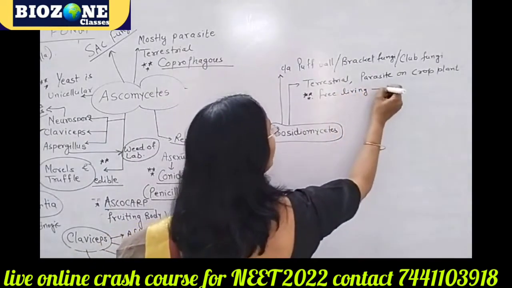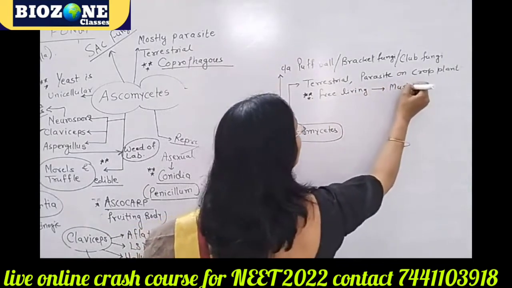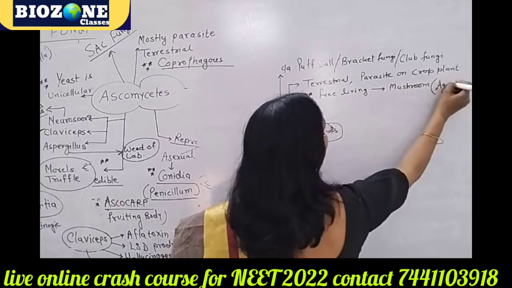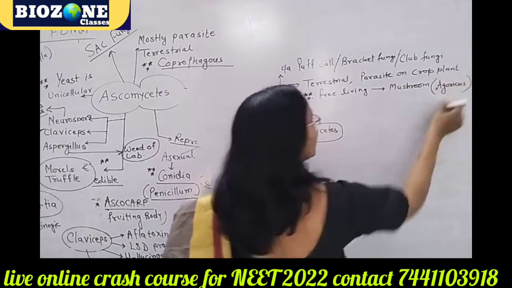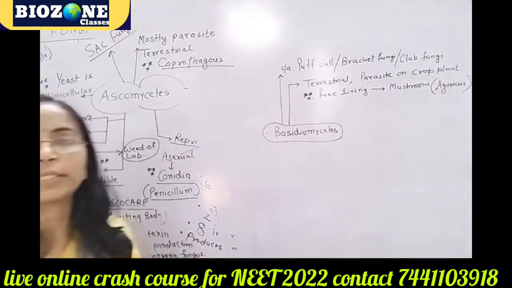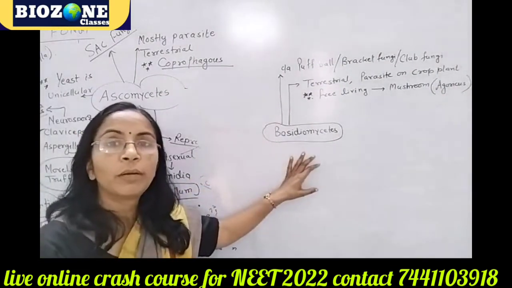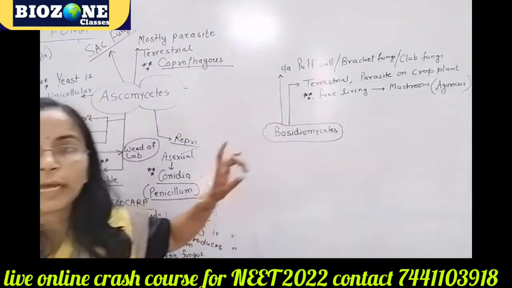Free living forms are mushroom and mushroom is Agaricus. ठीक है, so which of the following is an edible fungus? Edible fungus, always आप याद रखते हैं, you always remember mushroom, but remember the scientific name Agaricus.